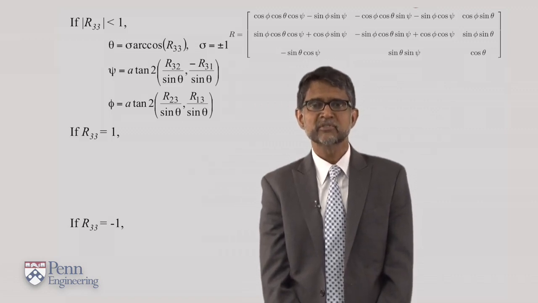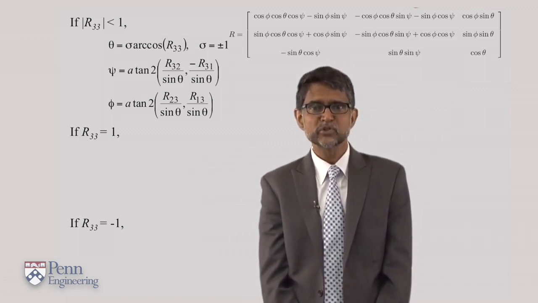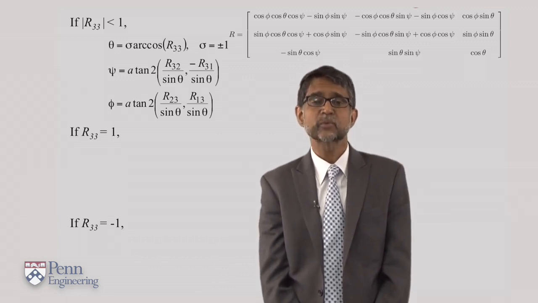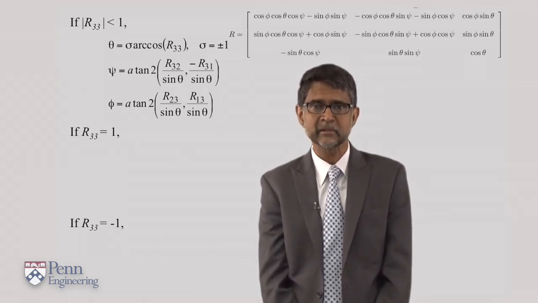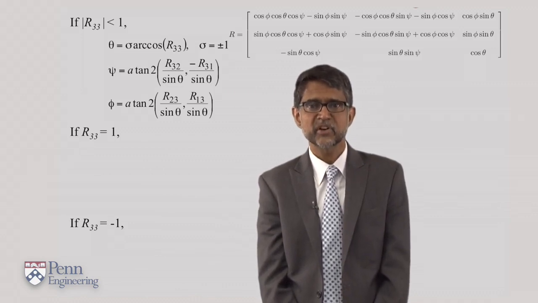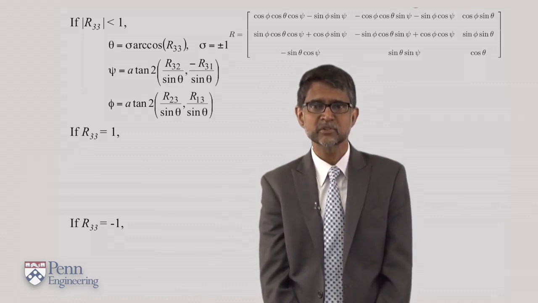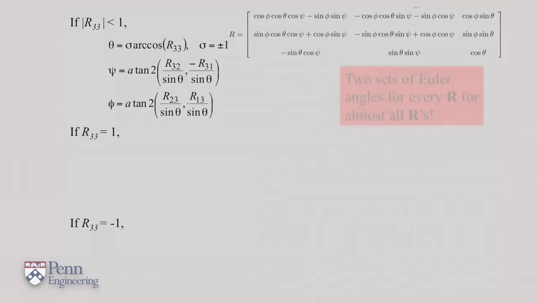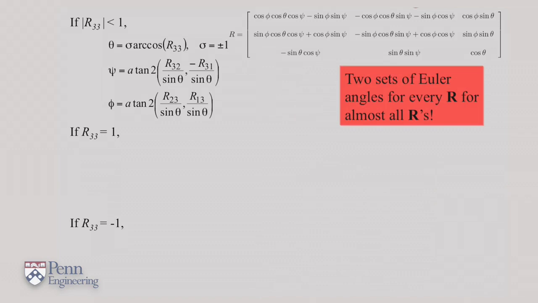Unlike the traditional inverse tangent function, which only uses one equation to solve for an angle, here we use the fact that we have two equations for the same angle. The inverse tangent function A tan 2 allows us to do this. You will see from these equations that we have two sets of Euler angles. And this is true for almost all rotation matrices.